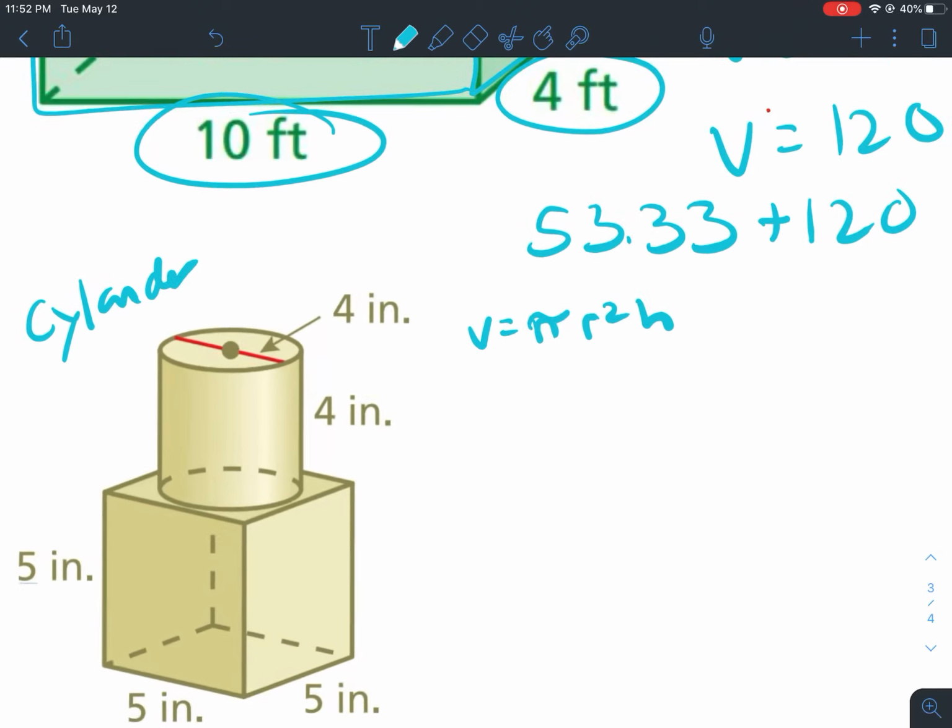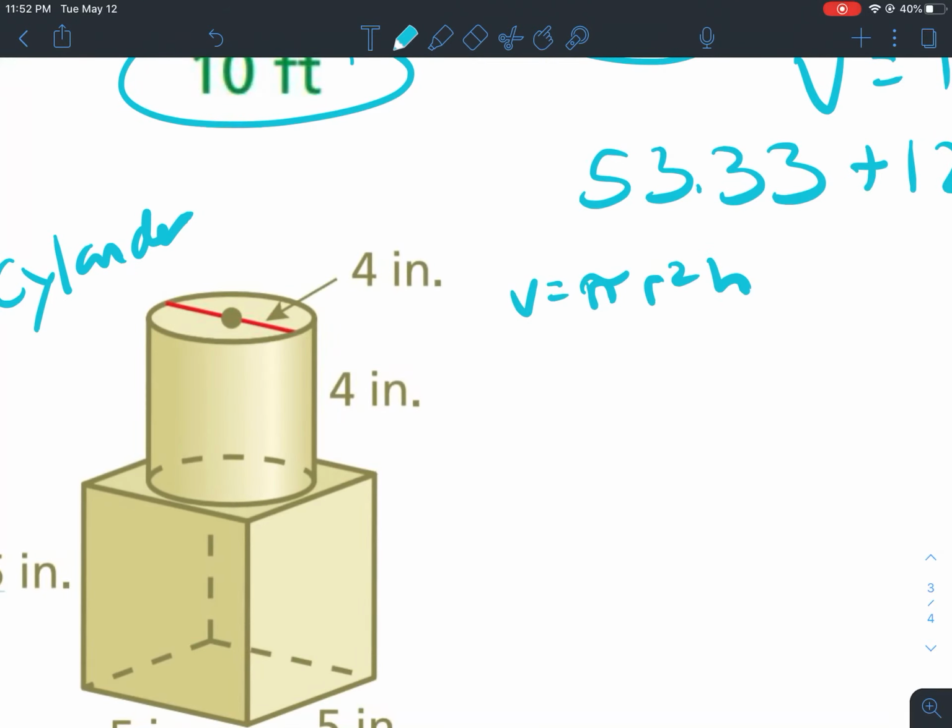So if I am looking at the cylinder here, they tell me that this here is 4. Well, if I look, that's actually my diameter, right? So my radius is going to be 2. My height of the cylinder is 4. Just plug them in.